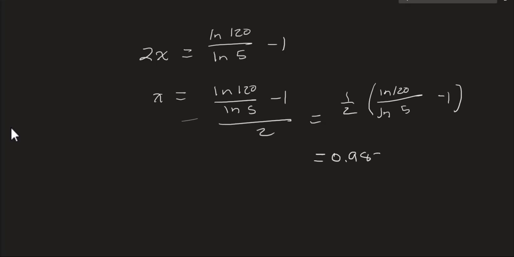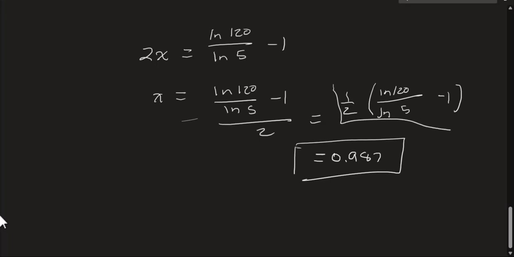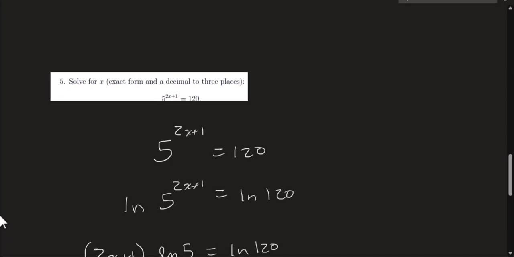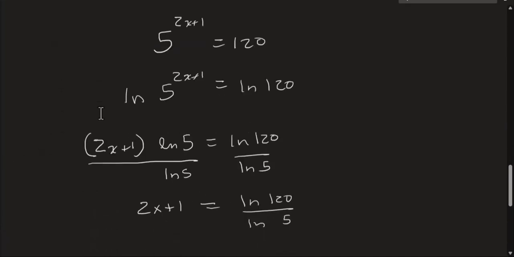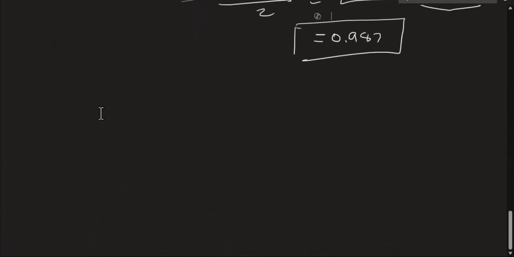Now the calculators that you'll be using in 1550 don't have a log base, but if you do have a calculator with a log base, there's another way to do this. So we're starting with 5 to the 2x plus 1 equals 120.